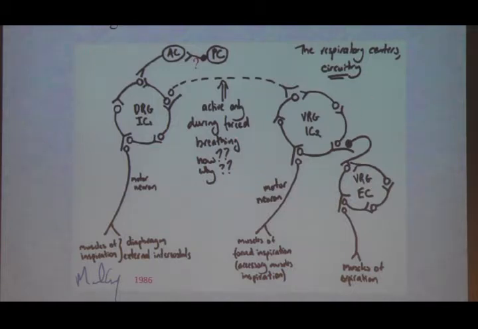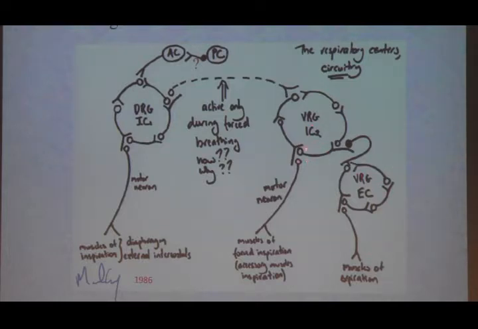Now on the right you see the ventral respiratory group. And you see that the ventral respiratory group is active only during forced breathing, so forced inspiration and forced expiration, and it's still poorly understood how this would occur. All I want you to be familiar with is that it has an inspiratory area and an expiratory area.